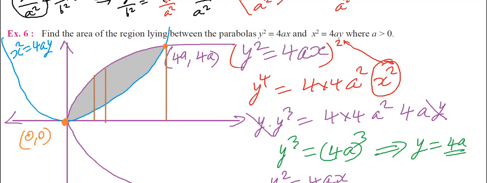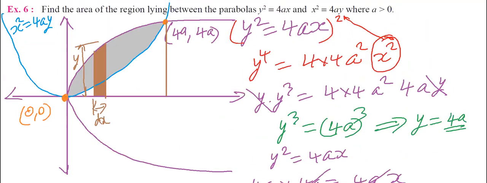In this elementary strip, what is my dx? My dx is this. What will be my y? From here to here, this will be my y. What is the equation I am taking? Y square is equal to 4ax I am taking.